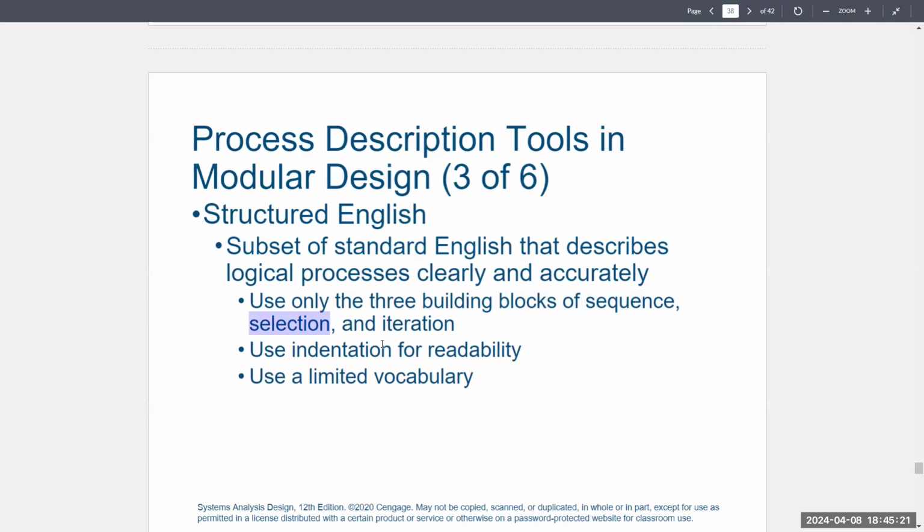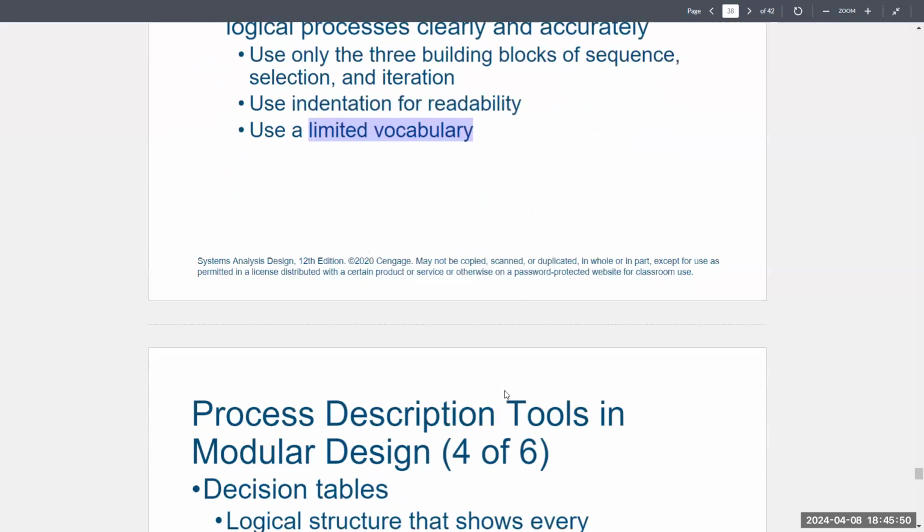So you need to have some kind of techniques to represent that. Using indentation, not everything in a big blob of text, using bullet points, all of that to represent the things we see in the DFD in a clearer way. Limited vocabulary means don't use something very technical, use language that's easy for everybody to follow, okay?